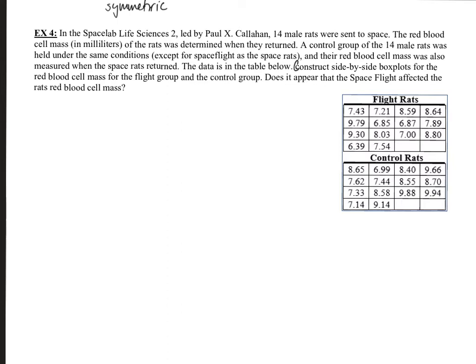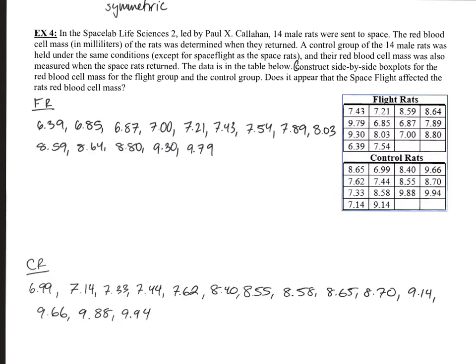Okay. If you wanted to do this with technology, you could use StatCrunch or your calculator. But we're going to do this by hand, since that's how I want you to show it on the exam. So for the flight rats, let's list out the data in ascending order. I'm going to pause the video and write that out. Alright, so I have all of the data written out in ascending order.